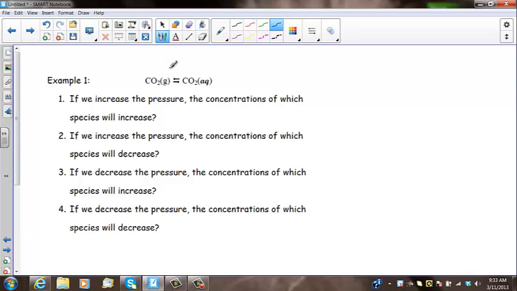What will happen is it's going to shift this way. We're going to force the CO2 gas into the CO2 liquid. So the concentration of CO2 aqueous will increase. If we increase the pressure, the concentration of the CO2 gas will decrease.